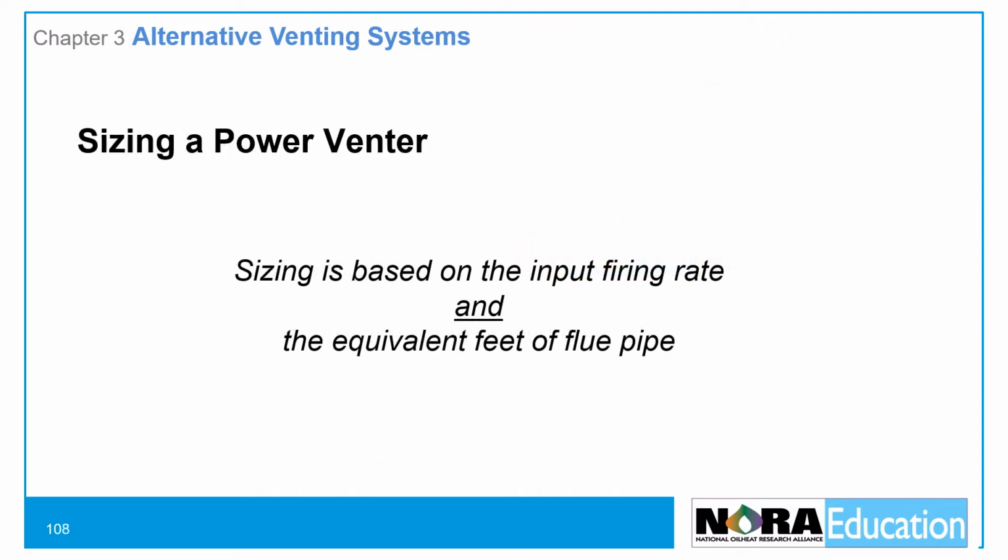Power vents are sized based on the input firing rate of the appliance and the equivalent feet of vent pipe for the installation. If the power vent is being used for multiple appliances, it must be sized based on the total firing rate and the total equivalent feet of all the connected appliances.